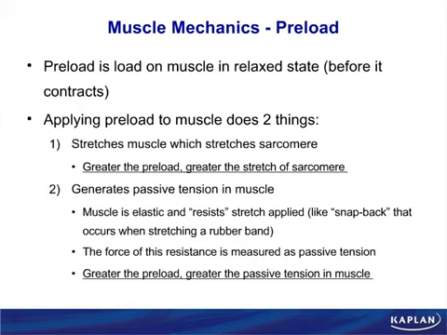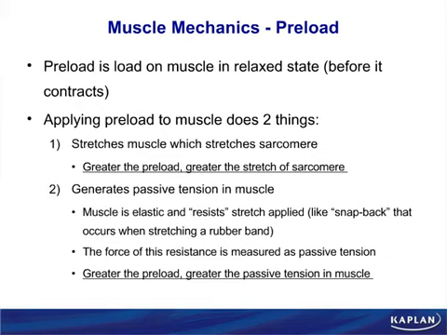This passive tension is that resistance to stretch, that elasticity of the muscle or the elasticity of the rubber band. Now, the greater the preload, the greater the stretch, and in turn, the greater the passive tension. Just pull on that rubber band. The more you pull it, the greater the force you're pulling it with, the more force you will feel on the finger holding the rubber band.